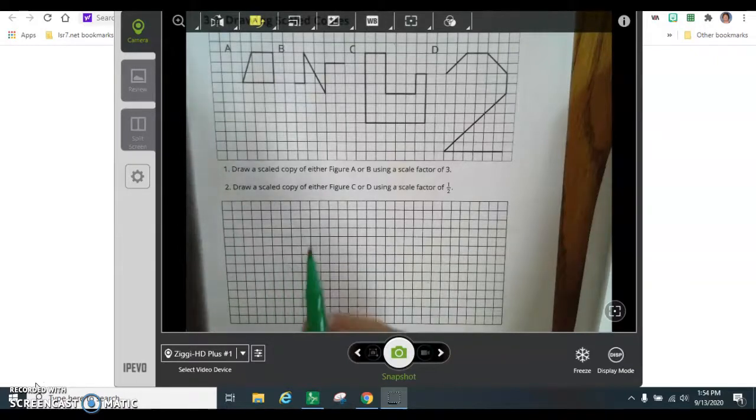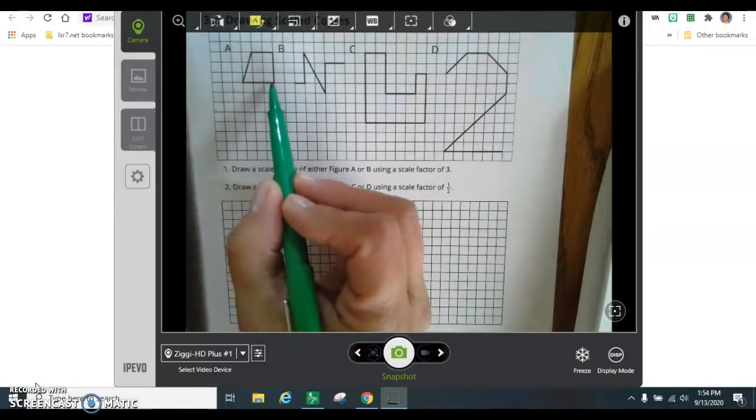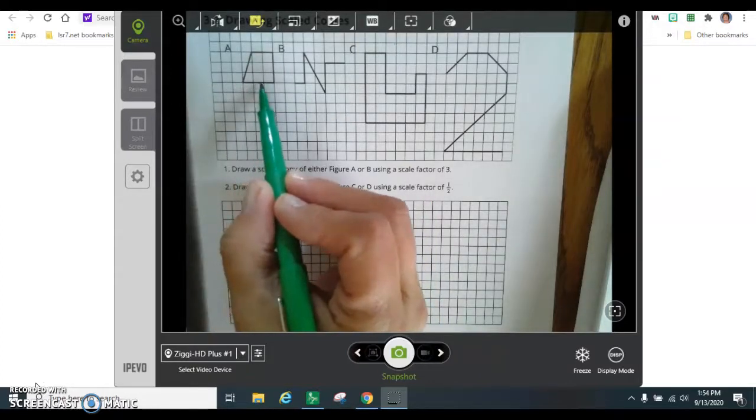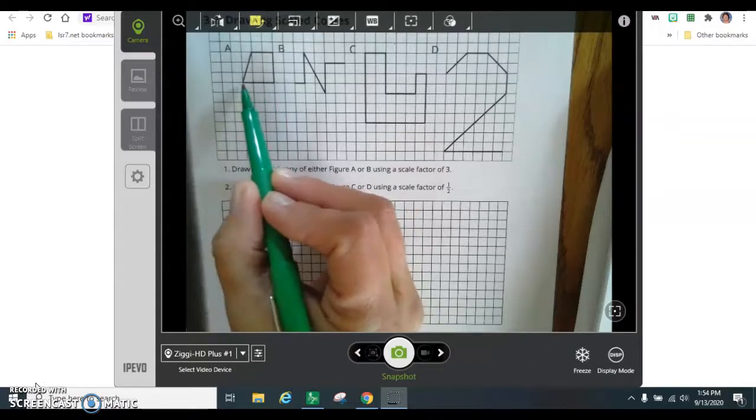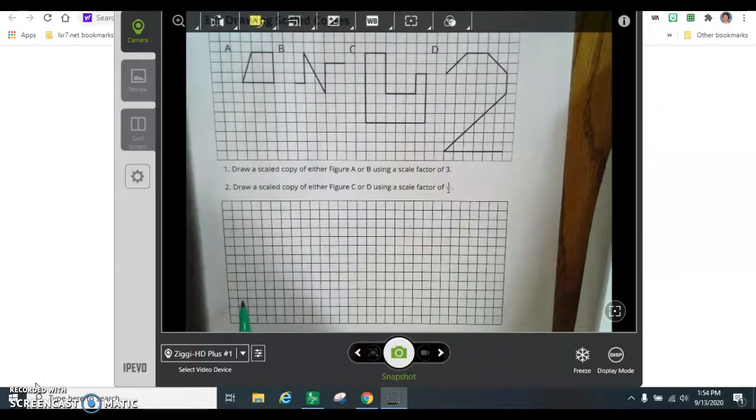But if we have a scale factor of 3, we learned in lesson 2 that means we're going to multiply the side lengths by 3, because the scale factor tells you how many times bigger. So the bottom side is 3 squares long on A. So on the bottom, it would have to be 9 squares long.